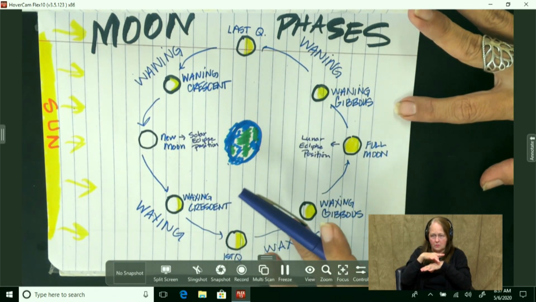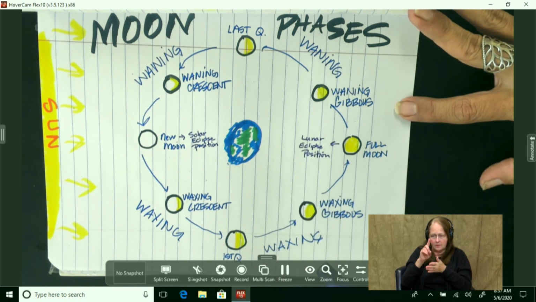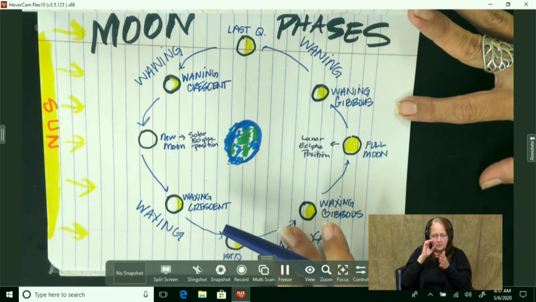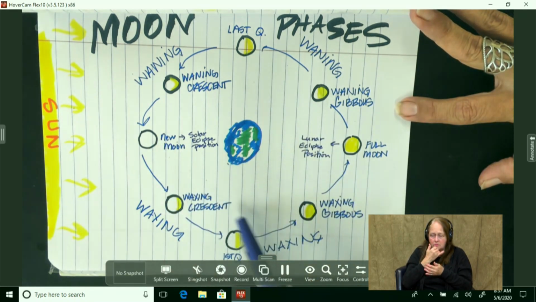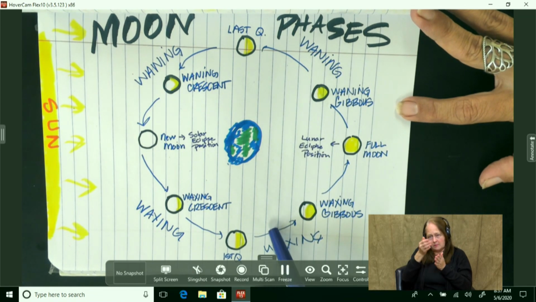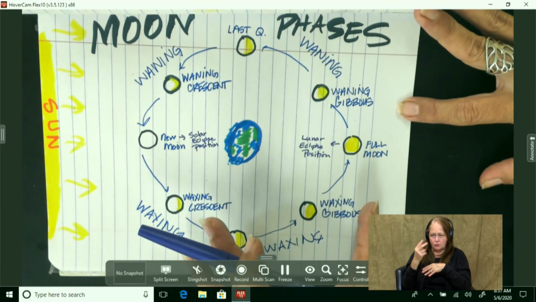I want to stop for a minute and point something out about this diagram. I think that the most common mistake in interpreting this diagram is students not really putting a 3-dimensional take on this 2-dimensional model.